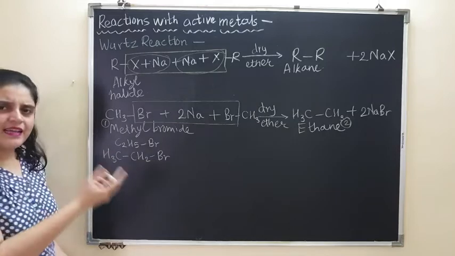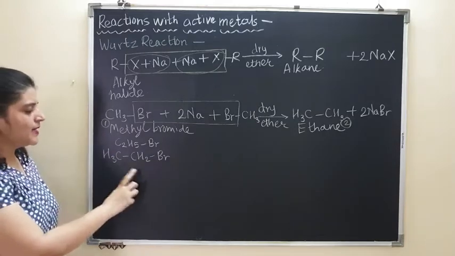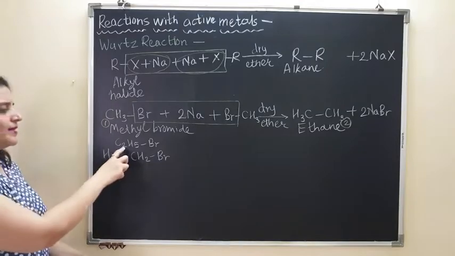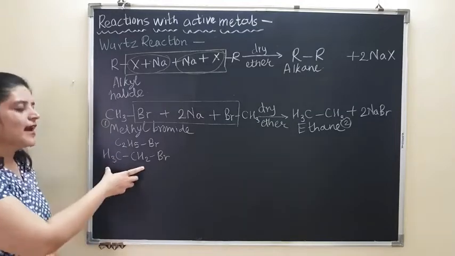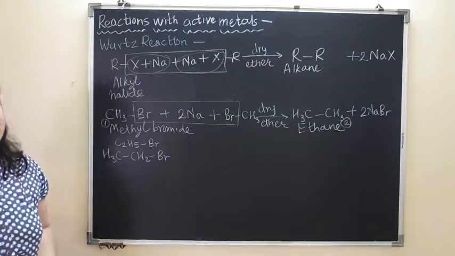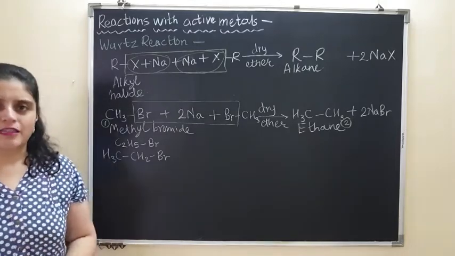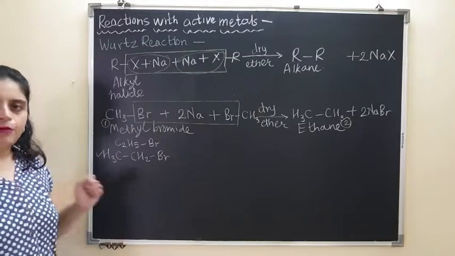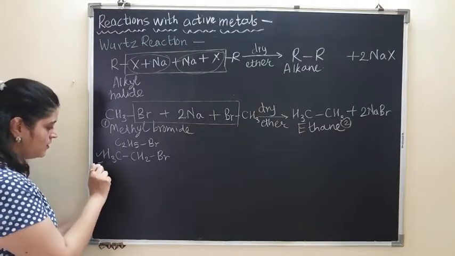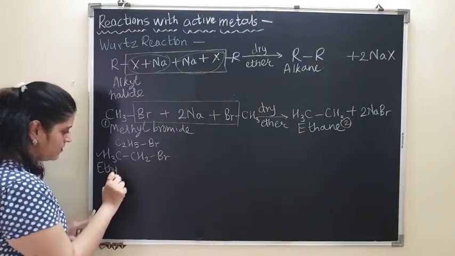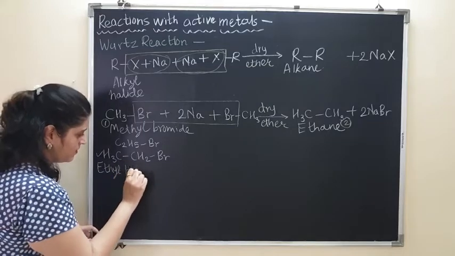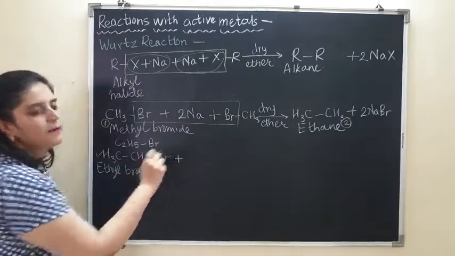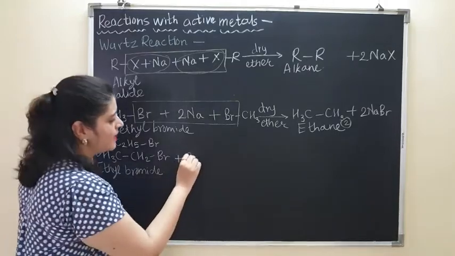This CH3CH2 has 2 carbon atoms and 3 plus 2, 5 hydrogen atoms. So the ethyl group can be written as C2H5, or CH3CH2Br. The choice is yours. I prefer writing ethyl bromide like this, plus 2 times Na.